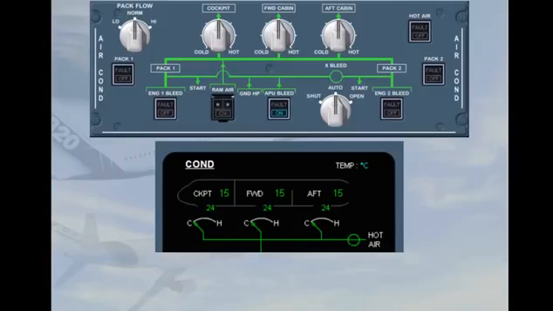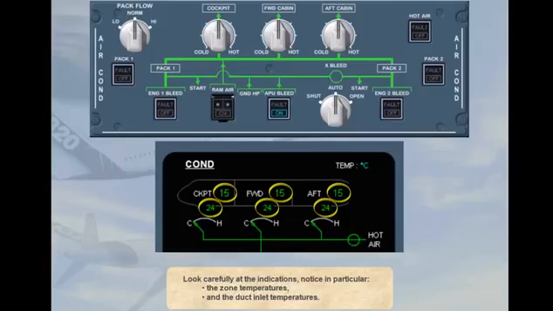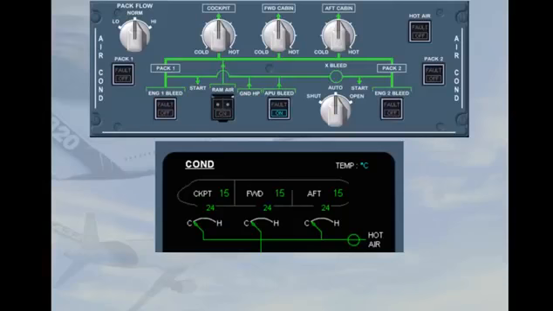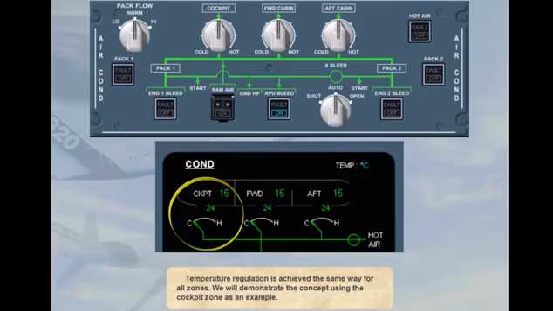Notice in particular the zone temperatures and the duct inlet temperatures. Temperature regulation is achieved the same way for all zones. We will demonstrate the concept using the cockpit zone as an example.